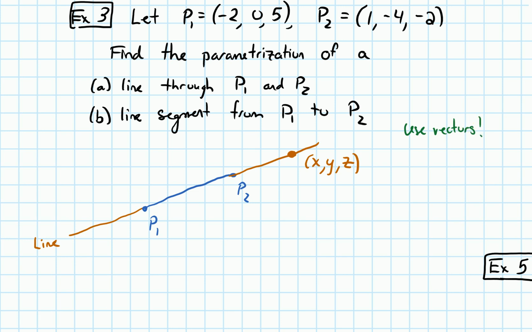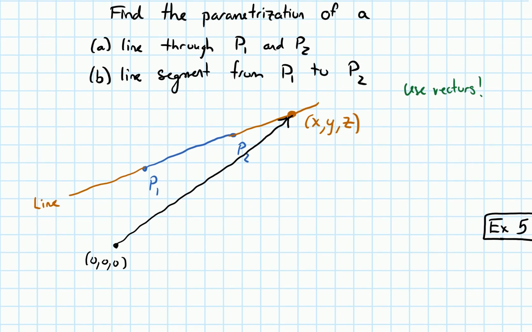I'm going to begin by drawing the origin somewhere. Let's say that this is 0, 0, 0, the origin. I want some way to know what x, y, and z are. So I'm going to draw a vector from the origin to that point x, y, z.